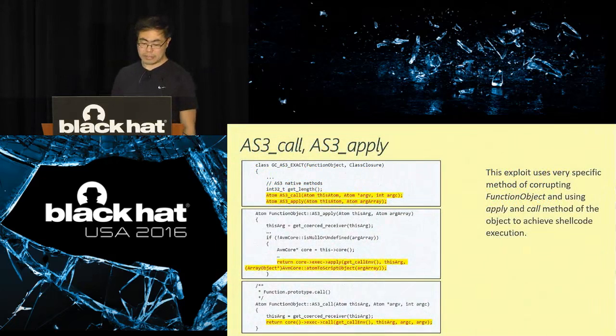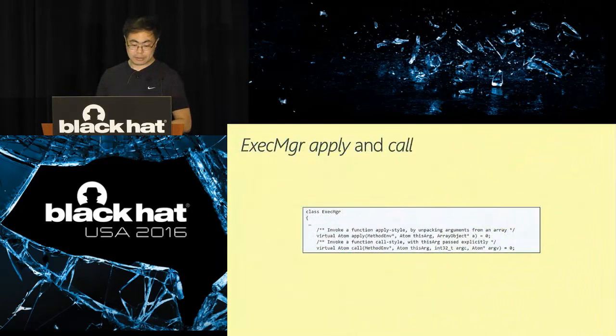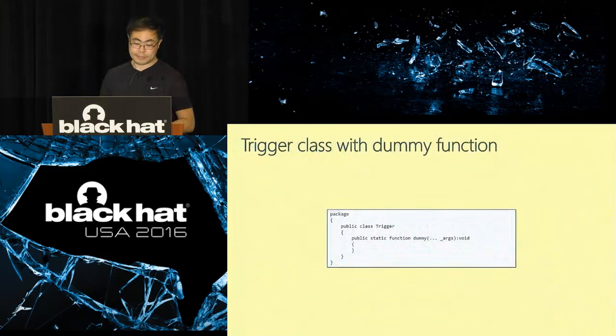And the technique is very straightforward here. There is some function object, and it has some internal call table for the apply and call methods. And there is also the trigger, the dummy method here.